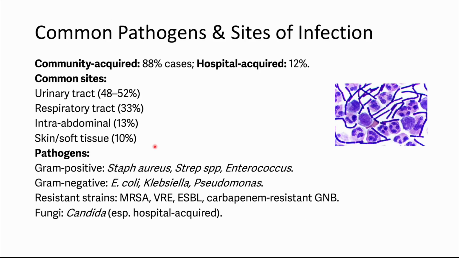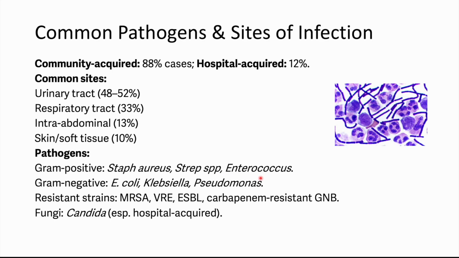So where does this sepsis come from? In about 88% of the cases, it's community acquired, and around 12% is hospital acquired. The urinary tract is the number one source, followed by lungs, then intra-abdominal and skin and soft tissues. Then pathogens: for example, among gram positives, it's Staph aureus, then Streptococcus species and Enterococcus species.